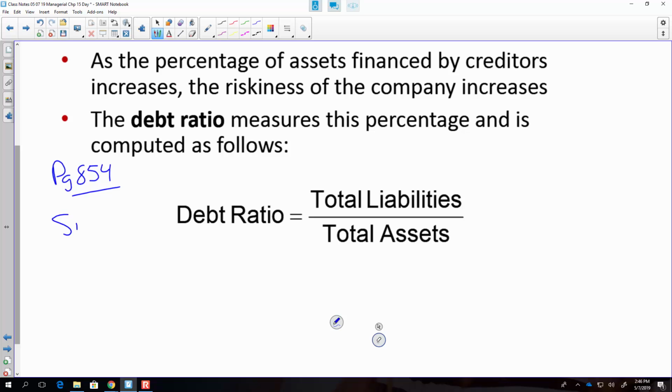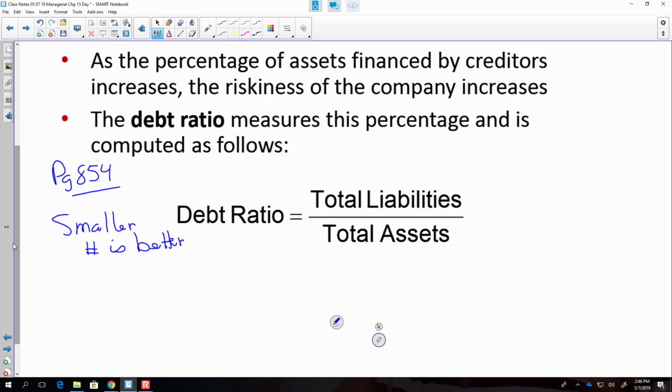Here's the smaller number is better, right? The smaller the number. If I have less debt to my assets, I have less risk. I'm more able to take on more debt if I need to. So the smaller the number of this ratio number, the better. And the example here for this is going to be example 7.